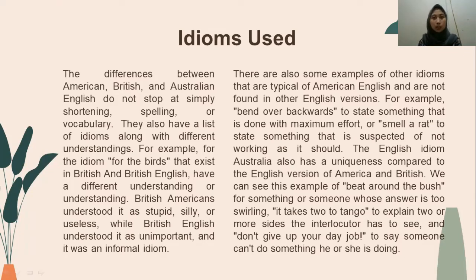The differences between American, British, and Australian English do not stop at simply shortening spelling or vocabulary. They also have a list of idioms along with different understandings. For example, the idiom for the birds that exists in American and British English has a different understanding.